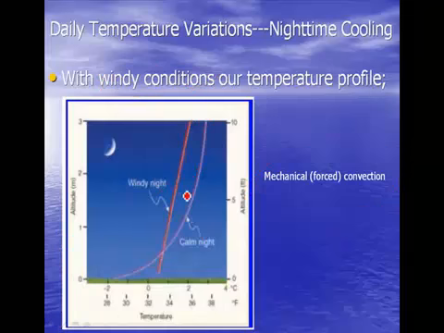So again, if we have windy conditions, we take some of the warmer air, transfer it to the surface, some of the cooler air is brought up, and now your temperature profile begins to flatten out a bit. So a little bit warmer here compared to the calm winds, but now a little bit cooler up here compared to what you would see on a calm night.